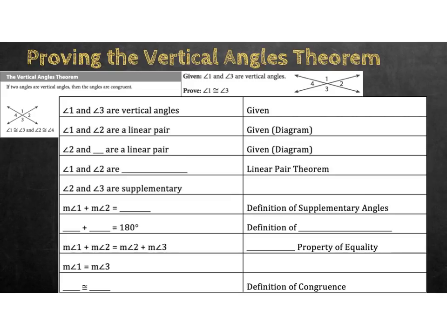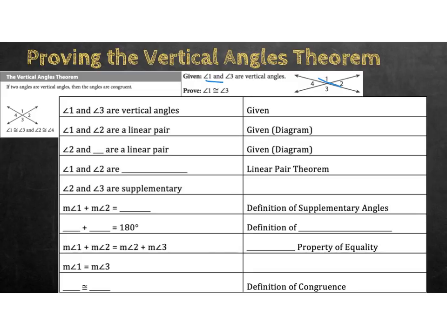Our given is 1 and 3 are vertical angles, and we want to prove that 1 and 3 are congruent. Most of this is filled out, we're just going to fill in a couple things. 1 and 3 are vertical angles, that is given up here. 1 and 2 are a linear pair, that is given by the diagram.